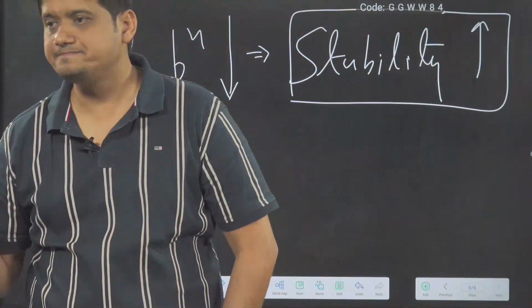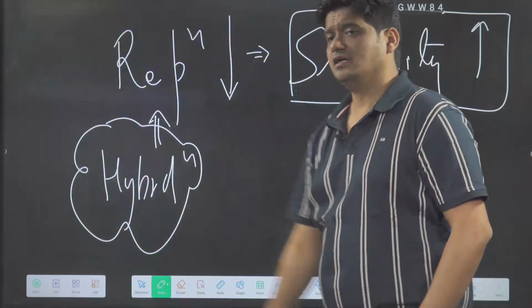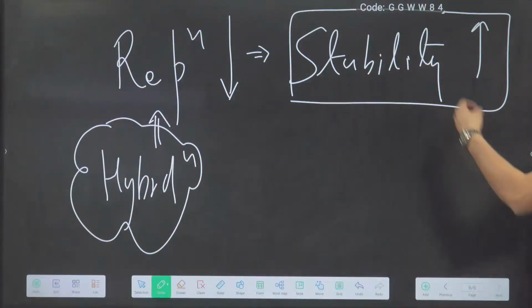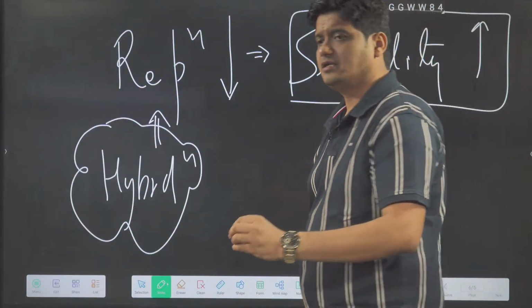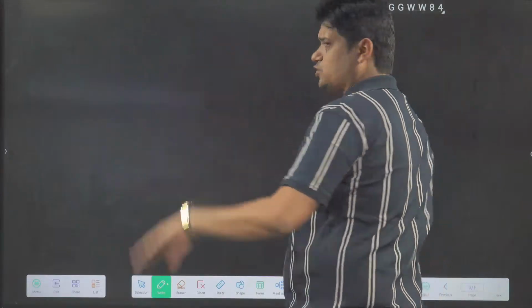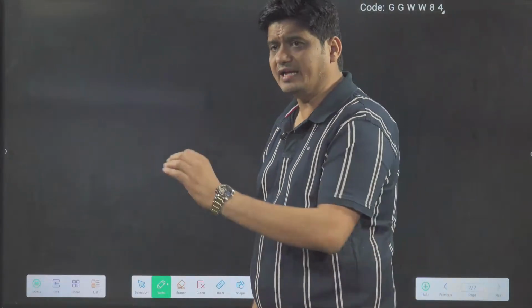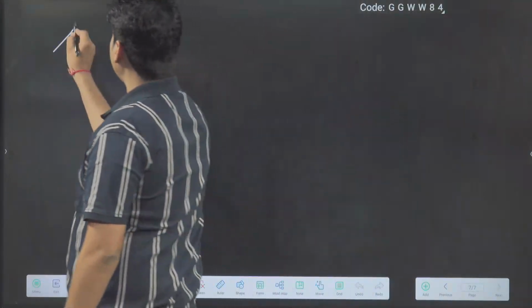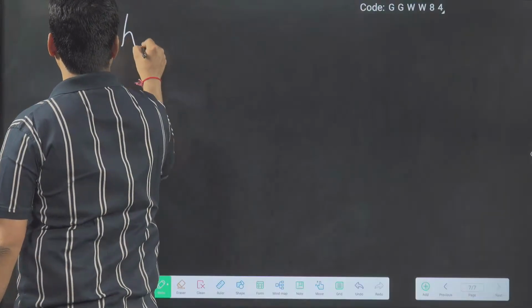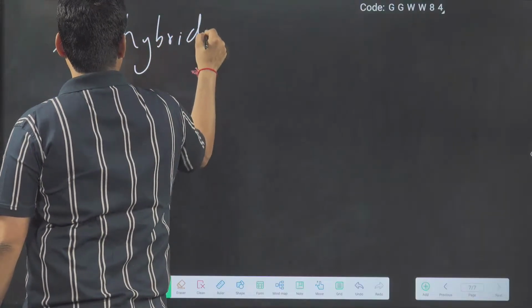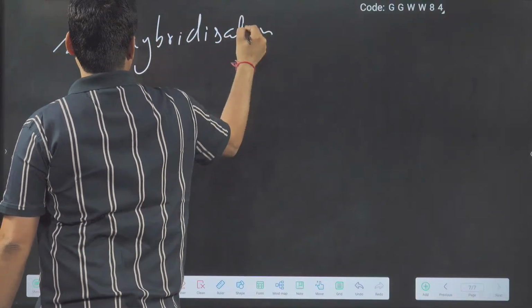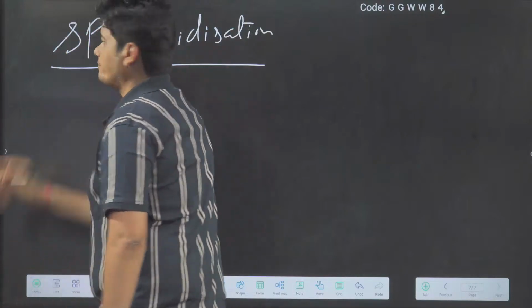Got the concept? Now the next part is, sir, how will hybridization minimize the repulsion? That we'll discuss by the examples, don't worry. For that I need to take the first example here, that is sp hybridization.